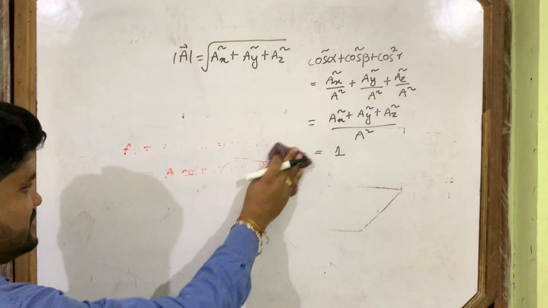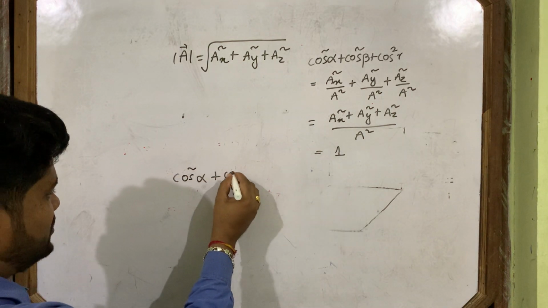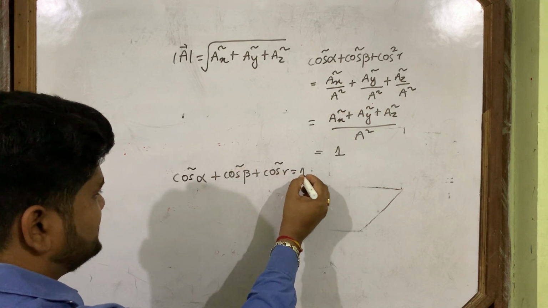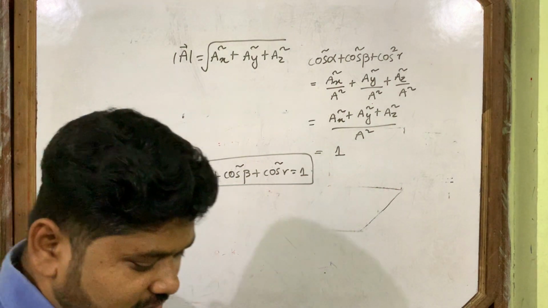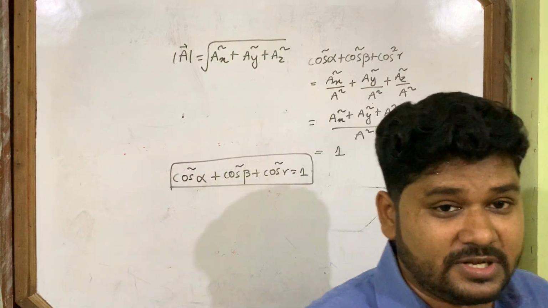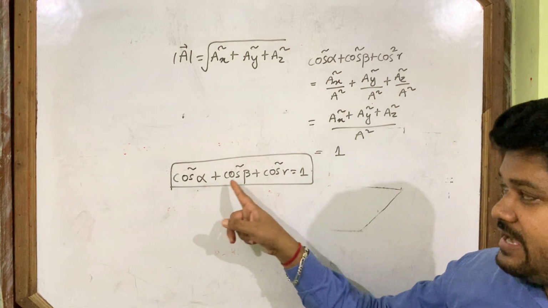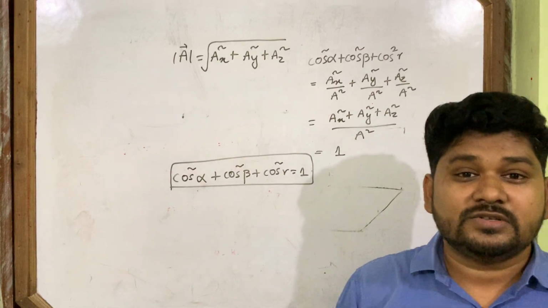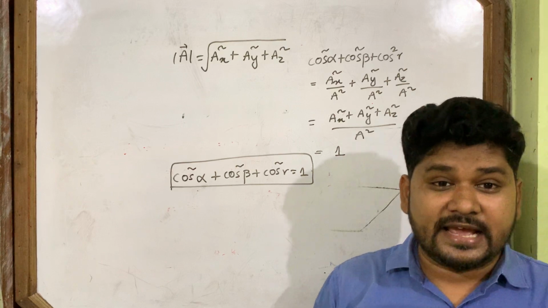So you got one formula here. What formula did you get now? See. So cos square alpha plus cos square beta plus cos square gamma is equal to 1. This is one important formula which will also help you to solve some questions. These cos alpha, cos beta, cos gamma are called direction cosines.